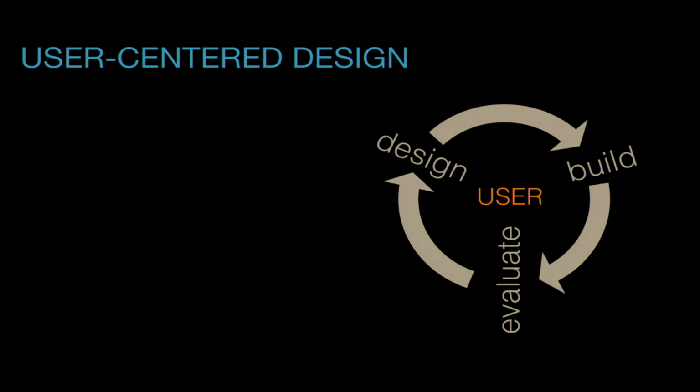And so essentially, that's what user-centered design is: taking people into consideration at every one of these steps. So before you even start designing, you do some interviews with users, with potential users, or people that are similar to who you think might be using it.